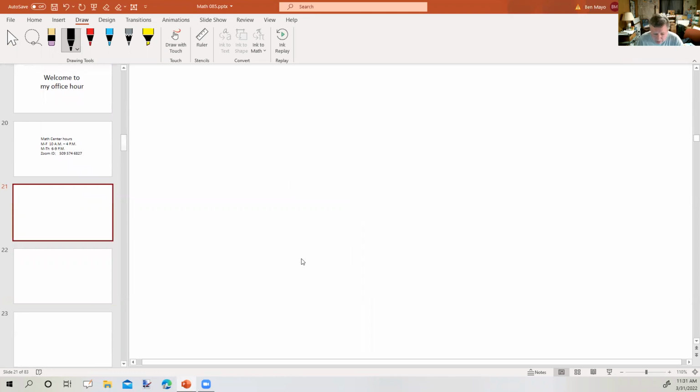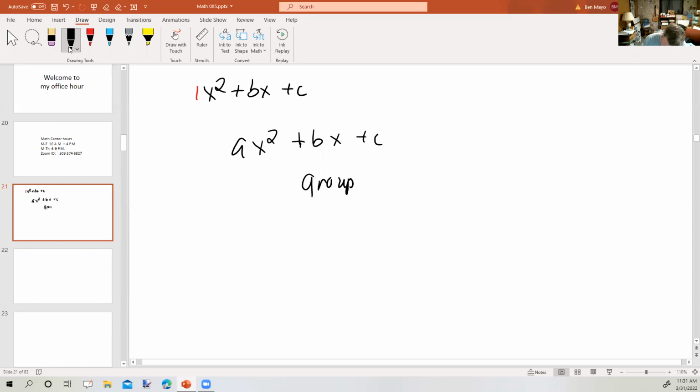So yesterday, we looked at factoring trinomials that were in this form, where the leading coefficient was an implied 1. Today, we're going to look at trinomials where the leading coefficient is something other than a 1. The process gets a little more complicated, and there are two common methods of factoring these kinds of problems. The first method is called grouping.